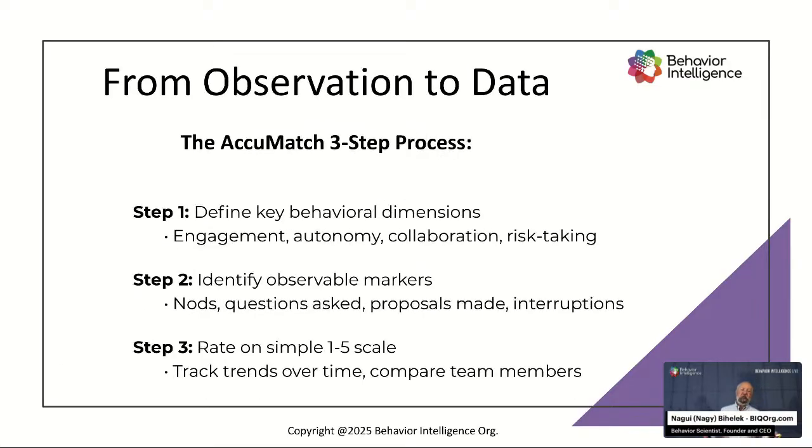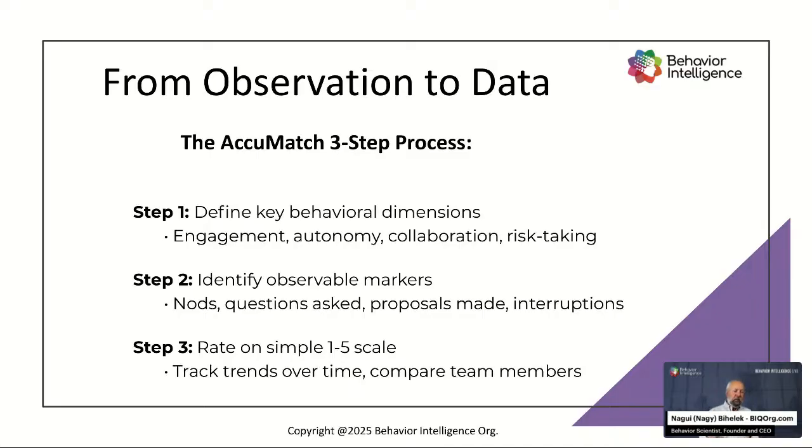So the AccuMatch approach, this is part of the behavior intelligence training that we do, the leadership intelligence training, using AccuMatch not just as a mapping assessment, but also as a methodology to improve dynamics and behavior.